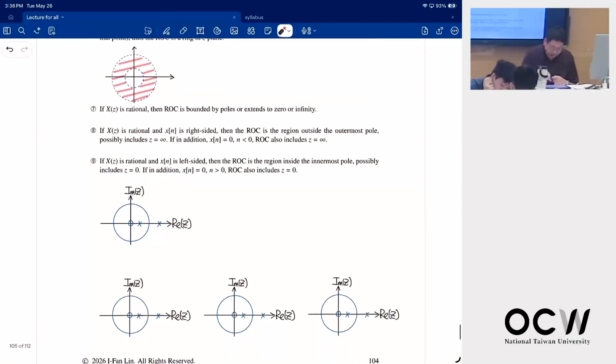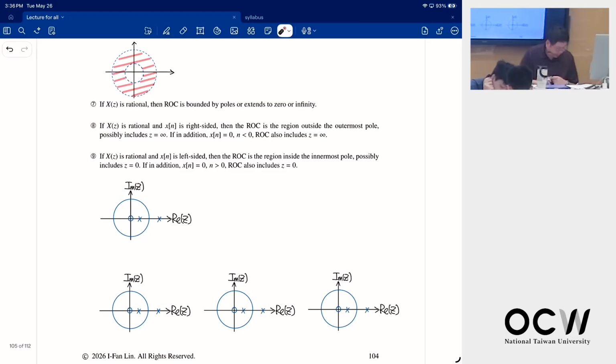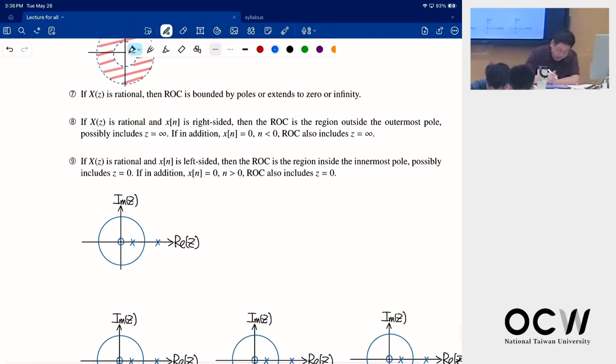For example, rational means I have poles and zeros. So suppose I have 2 poles, at 1 and 0, and this is the unit circle.